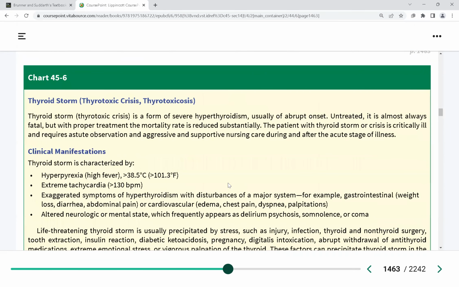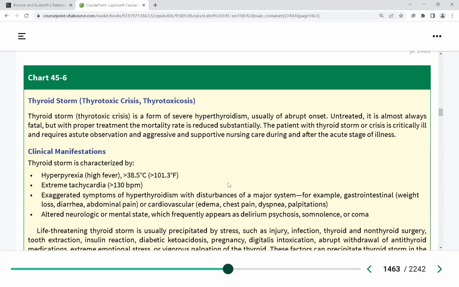So what was the life-threatening complication of hypothyroidism? What was the name of that condition? Myxedema.